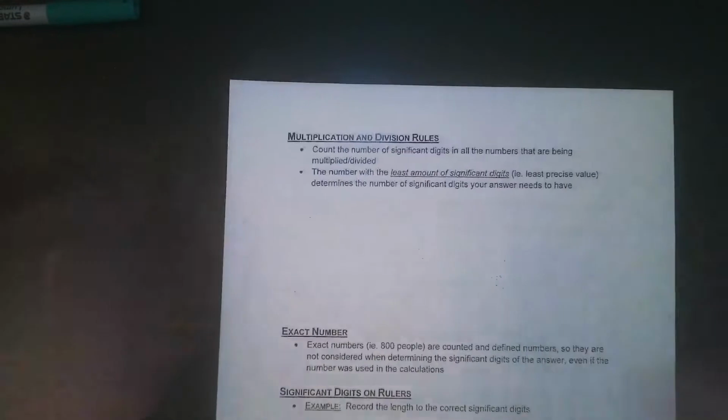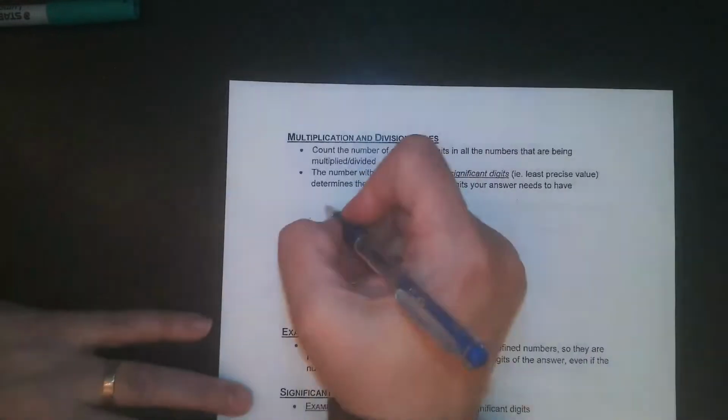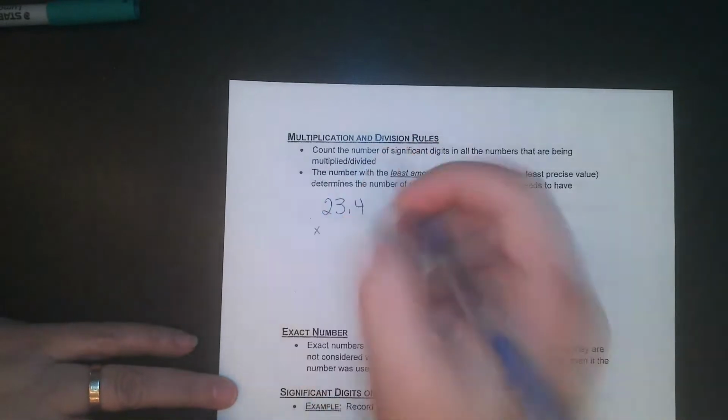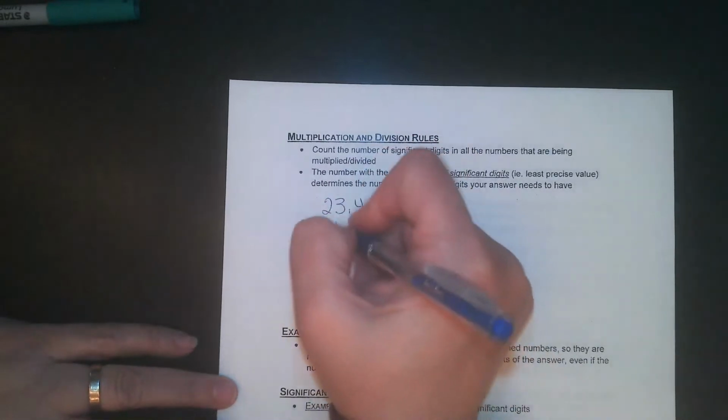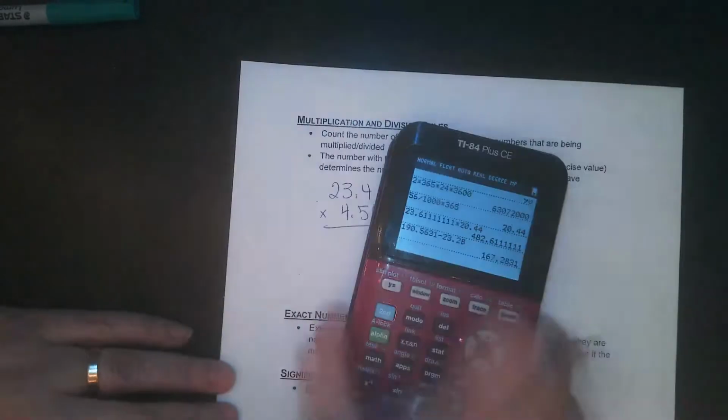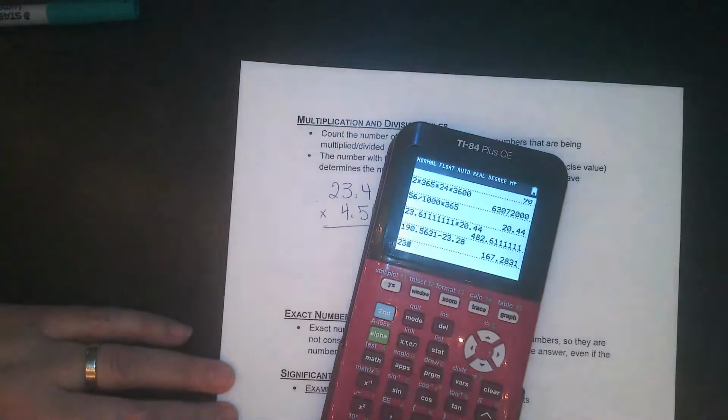Okay, multiplication and division, it goes by the total amount of significant digits in your question. So if I have 23.4 multiplied by 4.56, I'm going to cheat. I'm going to use my calculator.